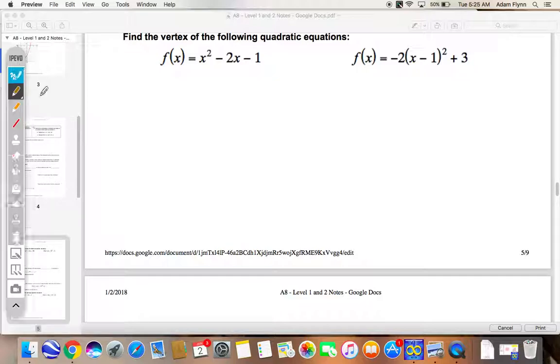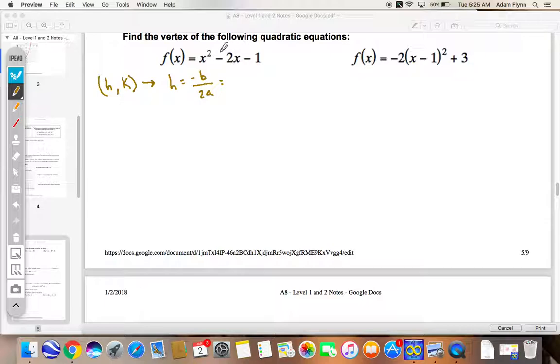Okay, so find the vertex. I'm given an equation in standard form. So to find my h, k, I know h is negative b over 2a. So negative b.